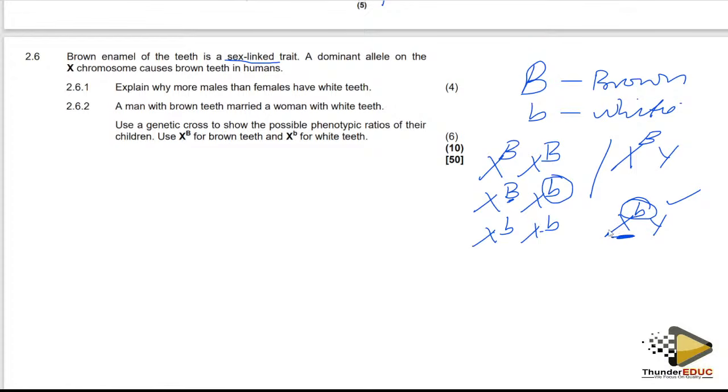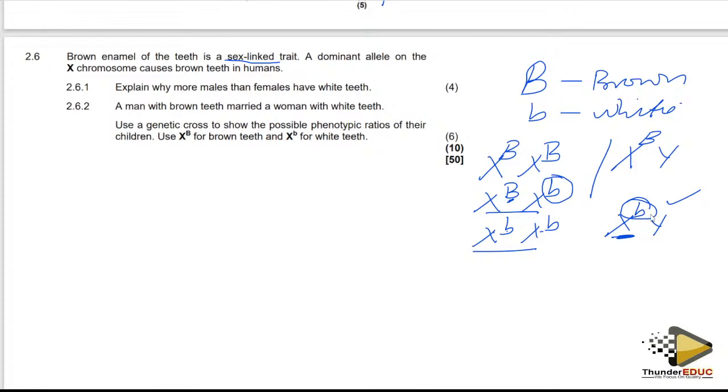While females have two X chromosomes, they have to have two recessive alleles for them to be white. Can I repeat? Males have one X chromosome.